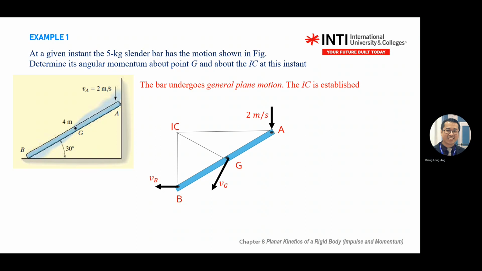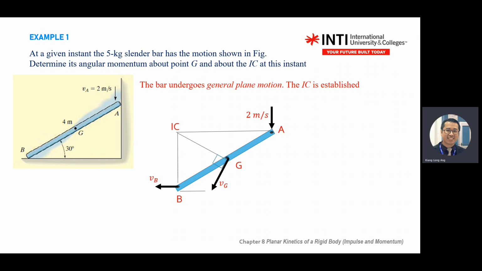Then you predict the velocity of the center of mass. The G will be moving somewhere here. All right. VG will be moving somewhere here. Why? How do we know the direction of the velocity of your center of mass?